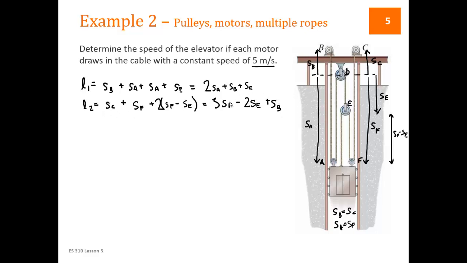So now if we look at our variables, SF is the same as SA. So we've got SA, SB, and SE, 3 variables.